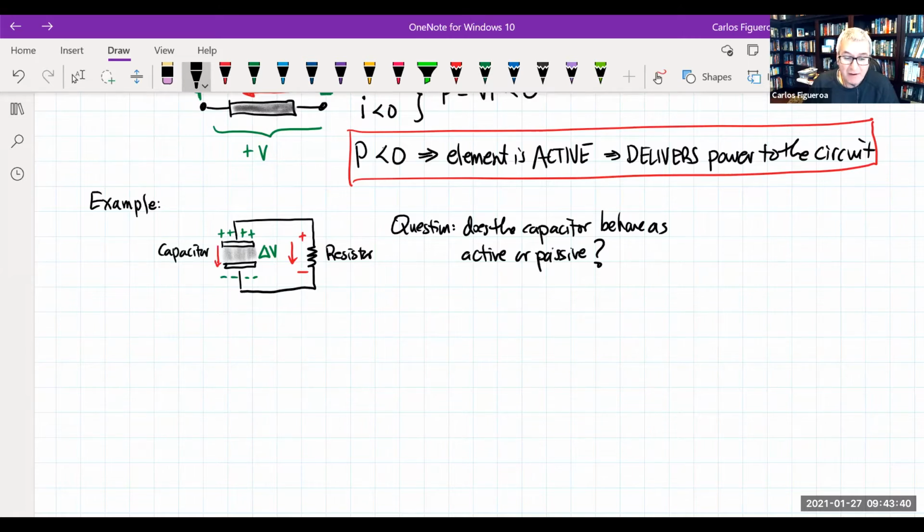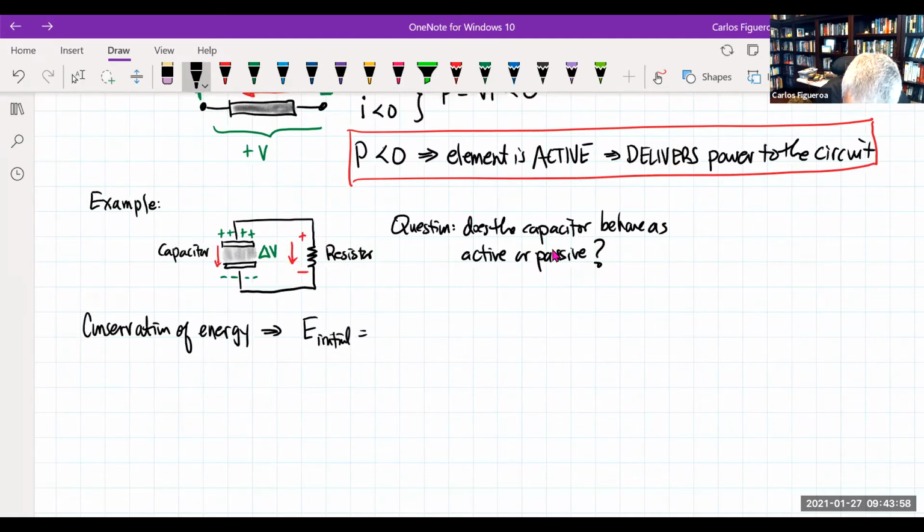We've been talking about energy. And if I'm thinking about energy, then I must be talking about conservation of energy. When we think about conservation of energy, we typically talk about the initial energy for the system being equal to the final energy for the system.